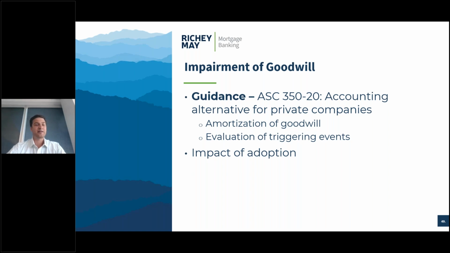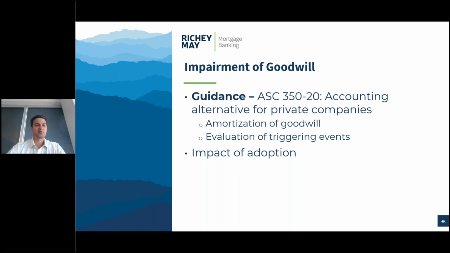A private company can make an accounting policy election to amortize goodwill on a straight line basis, beginning from the period of adoption. This is typically over a period of 10 years. However, you can amortize it over a period less than 10 years if you can demonstrate that another useful life is more appropriate. But under no circumstances can goodwill have a useful life greater than 10 years.